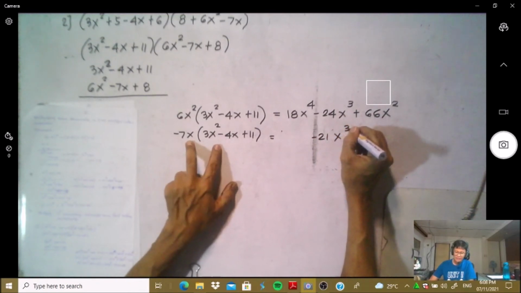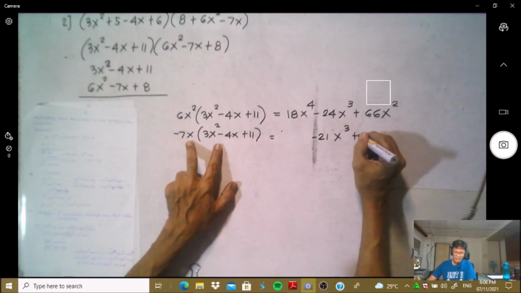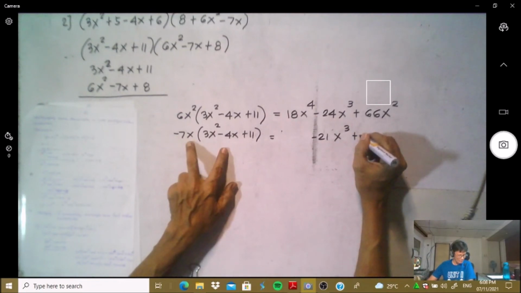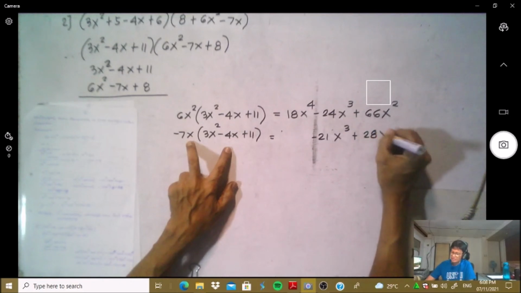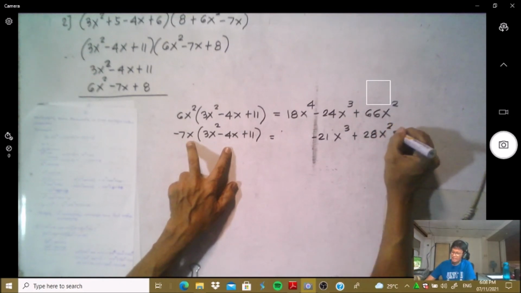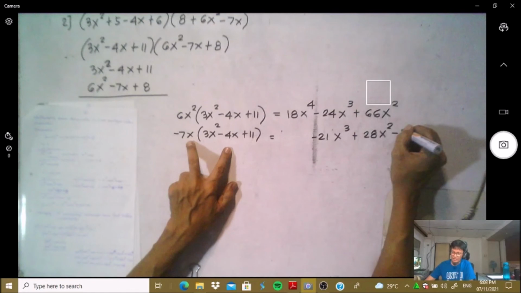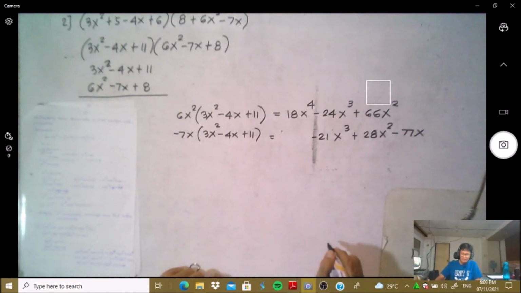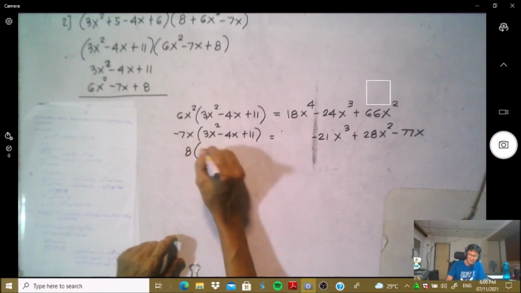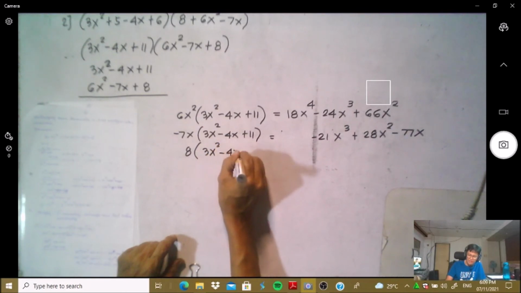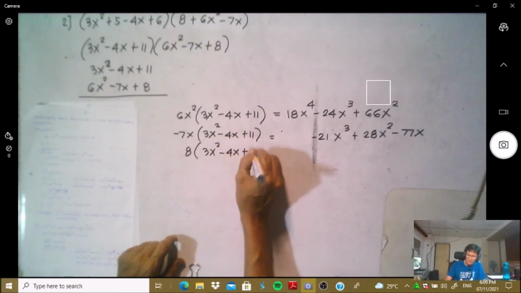Then plus, we have 7 times 4 is 28, then x times x is x squared, 28x squared, minus 77x. Okay? Then last, we have to multiply 8 with 3x squared minus 4x plus 11.